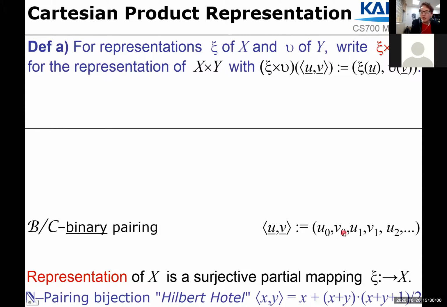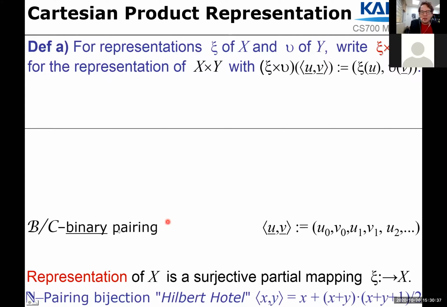Then by alternating them, we arrive again at an infinite sequence of bits or integers from which the original sequences, of course, can be recovered as elements with even or with odd indices, respectively. So this is again a pairing function, but now one that combines pairs of elements from Cantor or Baire space into one element of Baire or Cantor space, whereas the original Hilbert hotel combines pairs of natural numbers into one natural number.